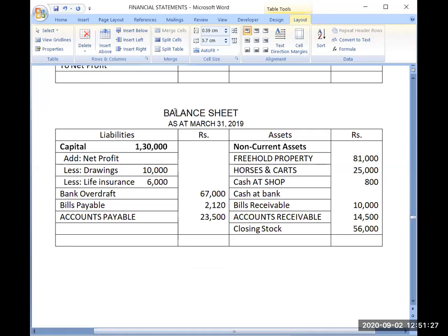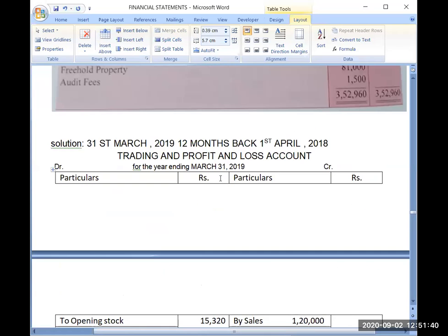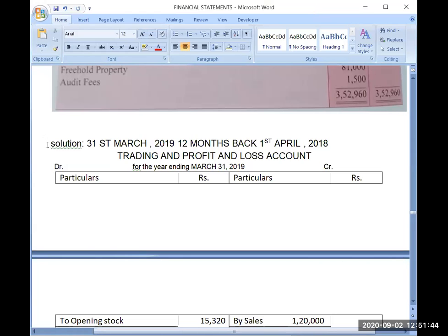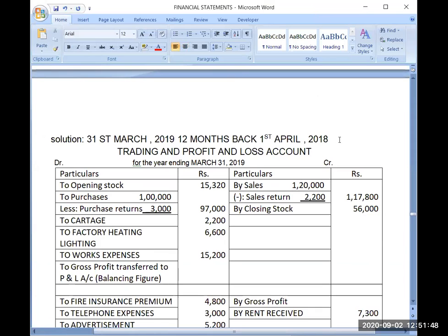So this is our balance sheet. Now first we will check which side total is greater. In trading account, which side total is greater? Tell me.